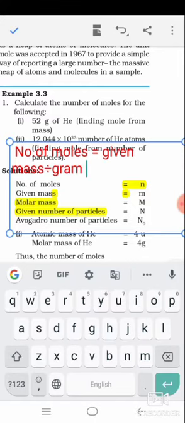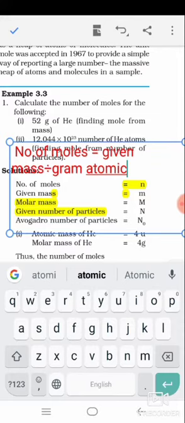Number of moles is equal to given mass divided by gram atomic mass. This is one equation.